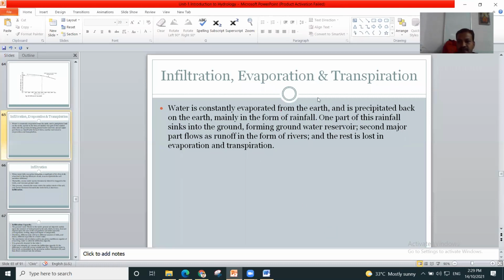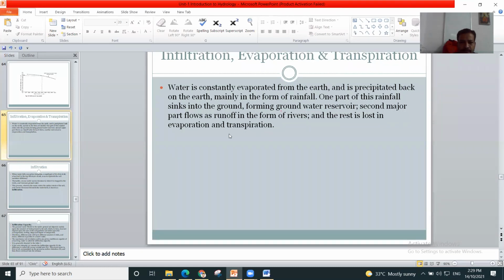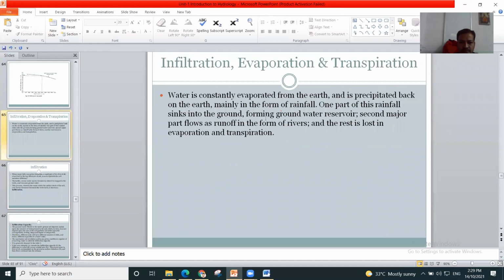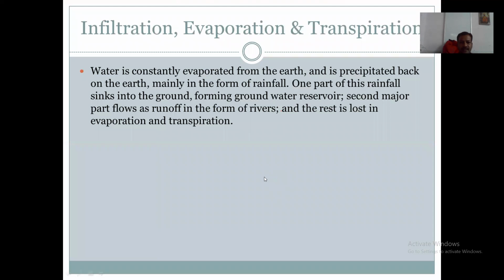Understood till here? The next is infiltration, evaporation, and transpiration.